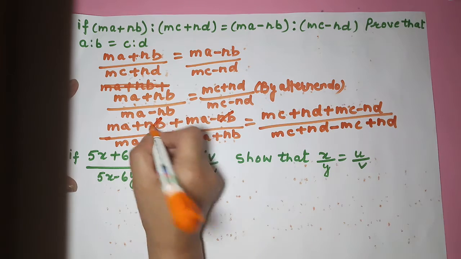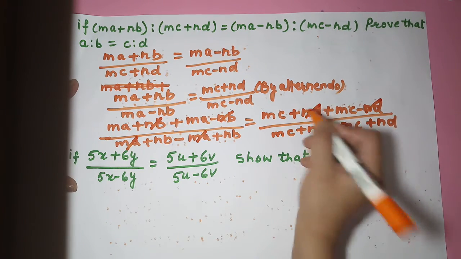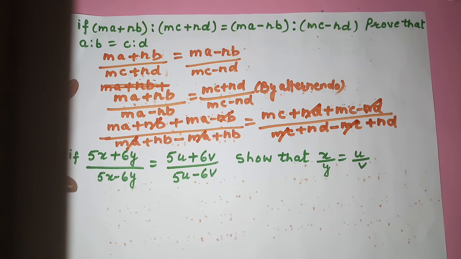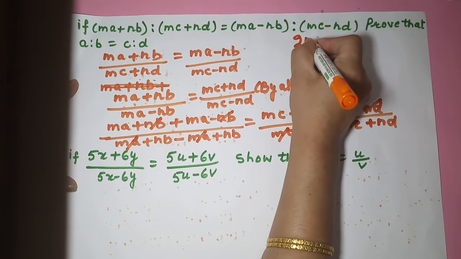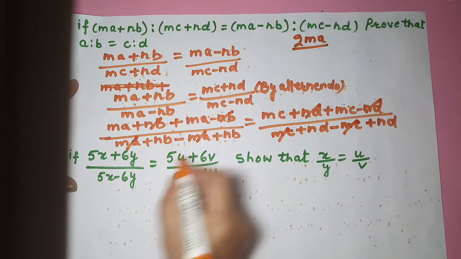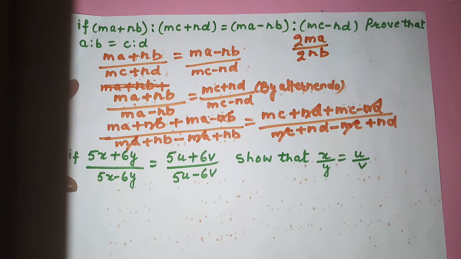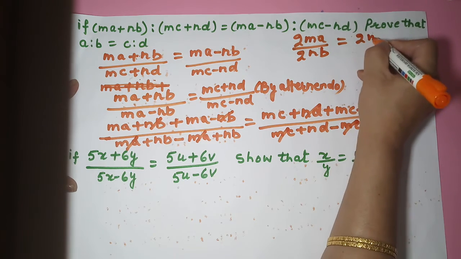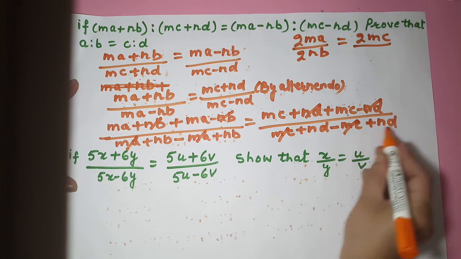Now NB and NB will go, MA and MA will go here, ND and ND will go, and MC and MC will go. So what am I left with here? 2MA divided by 2NB. And this side I am left with 2MC, MC plus MC is 2MC divided by 2ND.